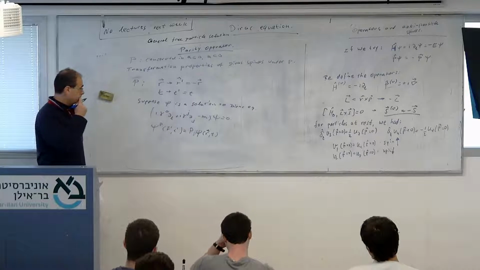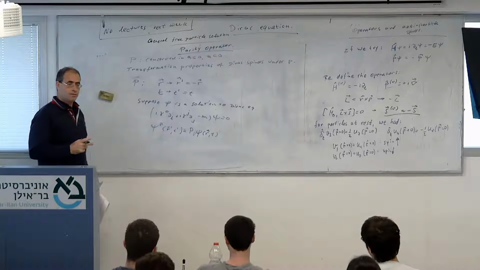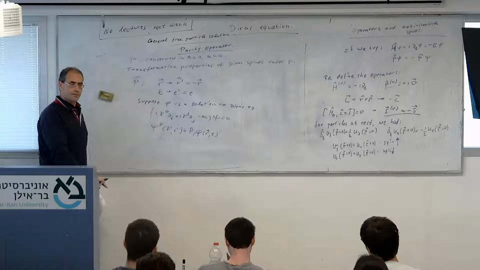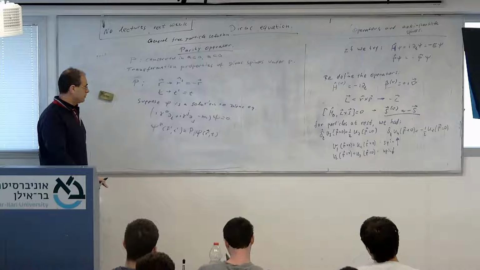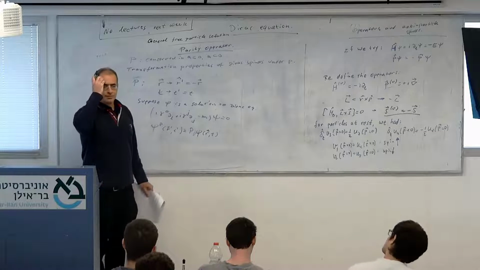Can you explain this last line you wrote? Psi_P is the Dirac spinor. Now I'm acting on the system with the parity operator, so psi_P gets the reversed coordinates. Now everything is in the reversed coordinates.